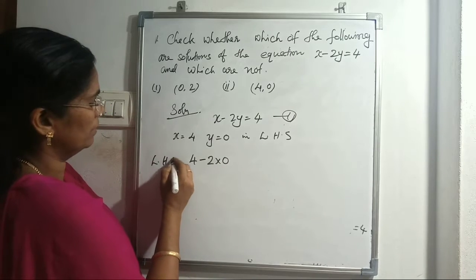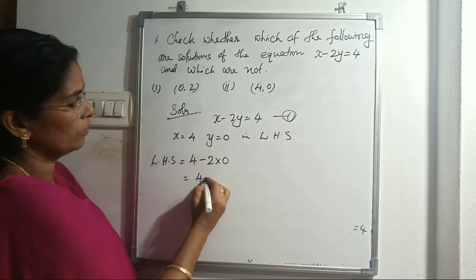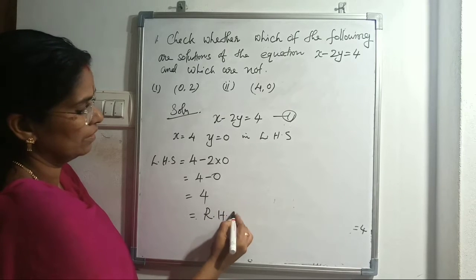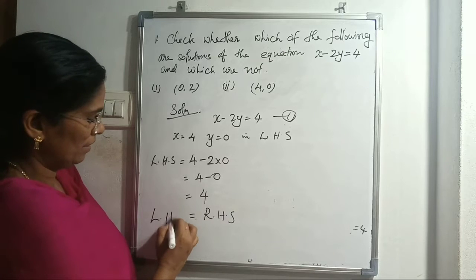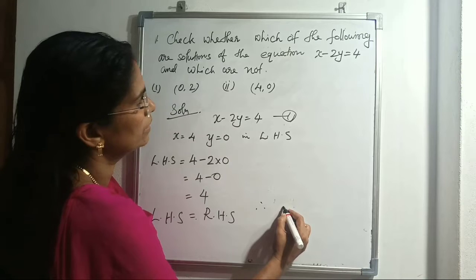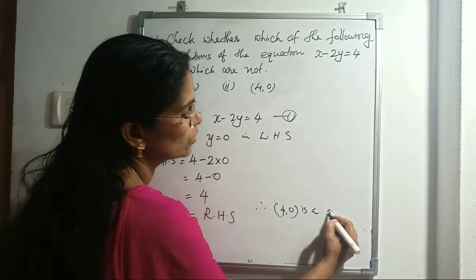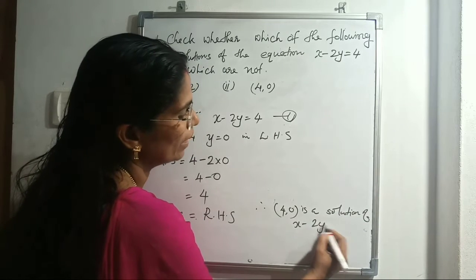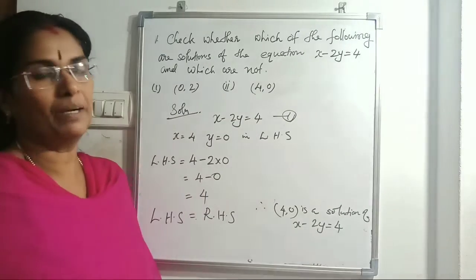LHS is equal to 4 minus 2 into 0, that is 4 minus 0, answer is 4. This is our RHS. It is 4, and RHS is also 4. So we can write LHS is equal to RHS. Therefore, the point (4, 0) is a solution of x minus 2y equal to 4. Clear these two questions? It is very simple.